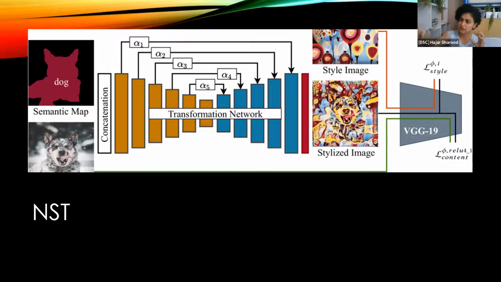Like you have the main image and you have the style image, the reference image. And what it's doing, it has a generator. Like it is a type of GAN, but it doesn't have really a discriminator because it doesn't need to.